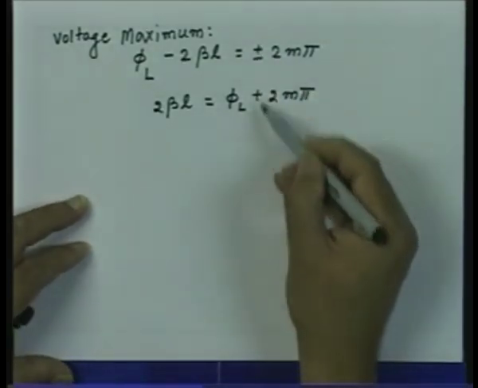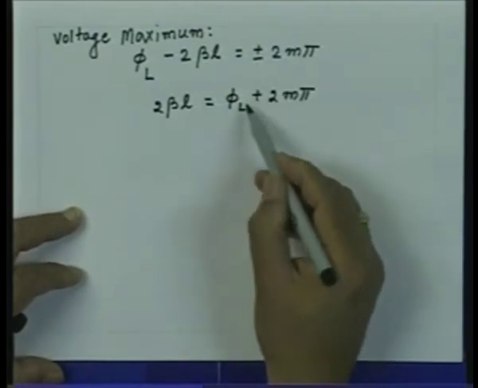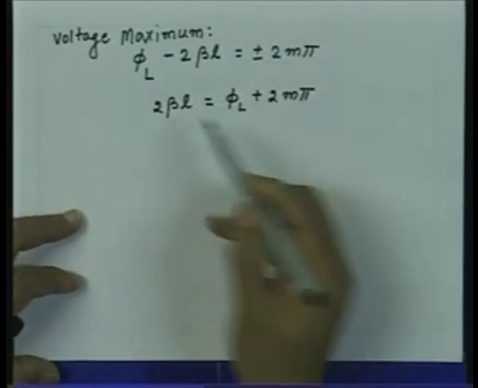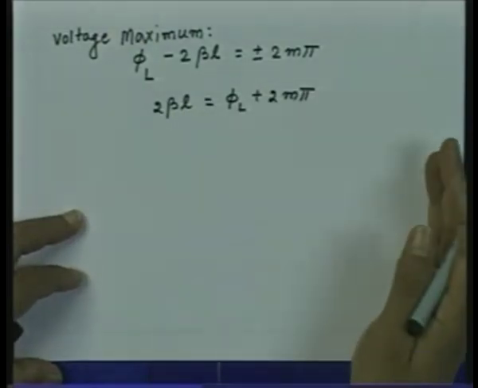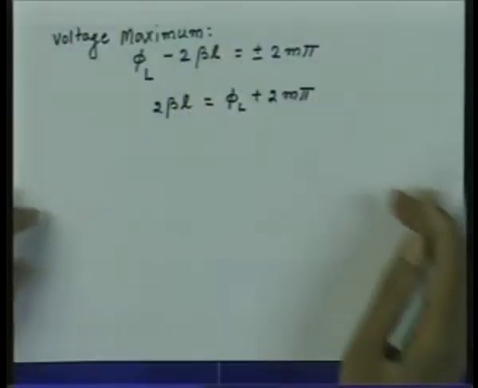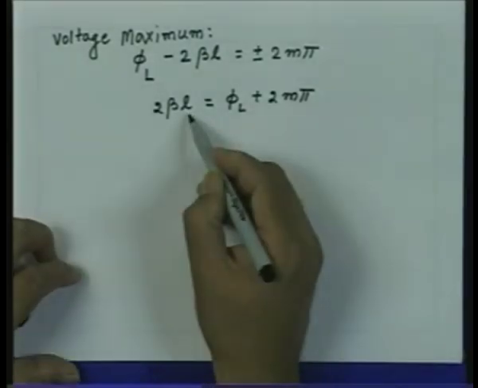I have chosen the sign positive because I want to get lengths which are positive. We are measuring all the lengths now towards the generator. L equal to 0 is at the load point. So, all the lengths you measure from the load point are positive lengths, and I have chosen the sign in such a way that I get all distances positive.